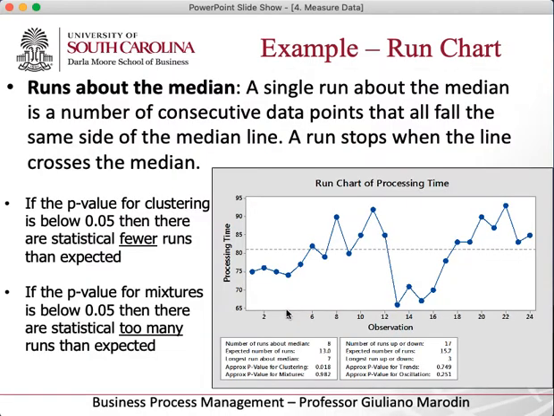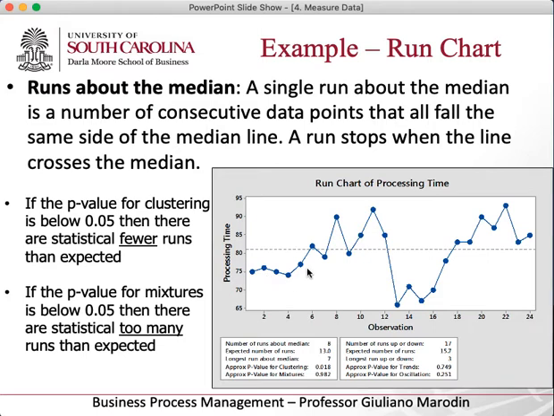The first one is called runs about the median. It considers a run to be the number of data points that fall on the same side of the median, which is here in the middle. We start with the points below the median: 1, 2, 3, 4, 5.